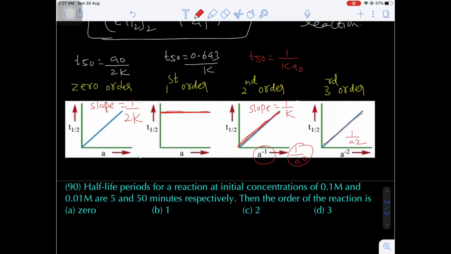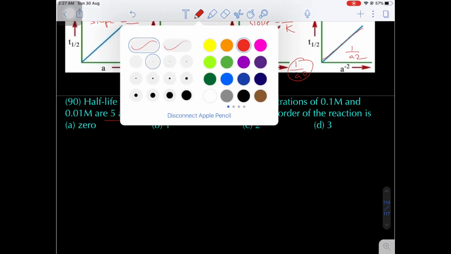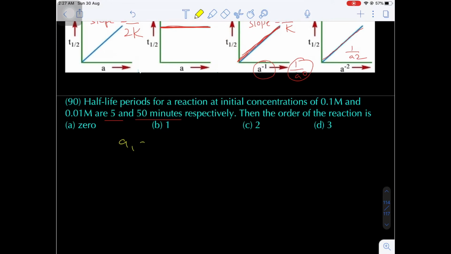Now here one important question is given. Question number 90. Half-life period for a reaction at the initial concentrations of 0.1 molar and 0.01 molar respectively are 5 and 50 minutes. That means what is the initial concentration A1 given here? Nothing but 0.1 molar.